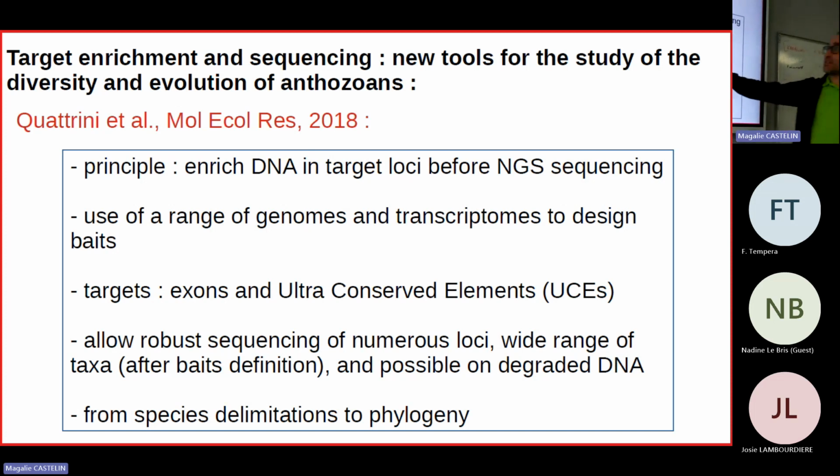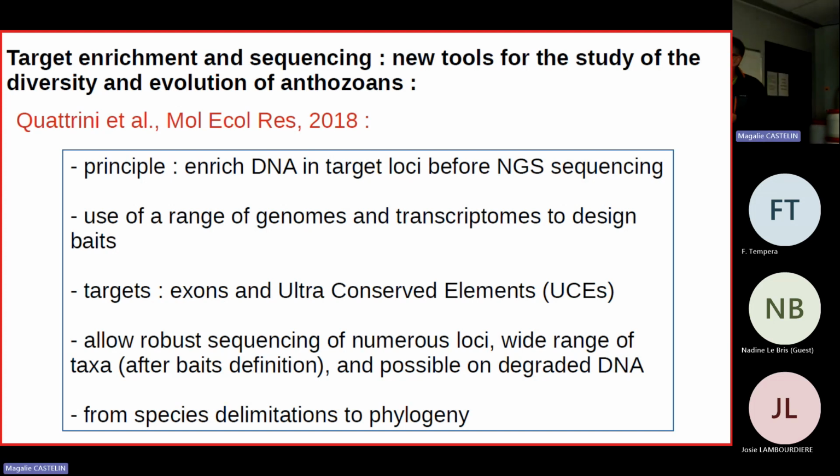And from these targets, you will define what is called baits, which are short stretches of DNA that you will use to, what I would say, fish or catch these UCE and these exons in your DNA. So you catch, you enrich your DNA solution with these loci, and then you can sequence them.